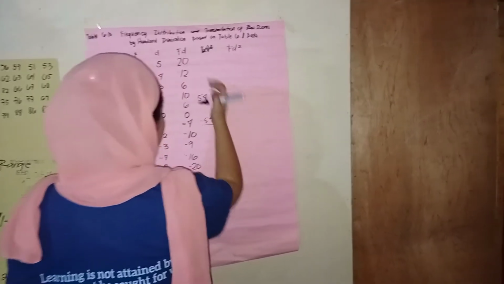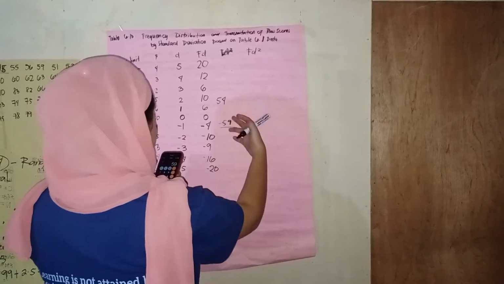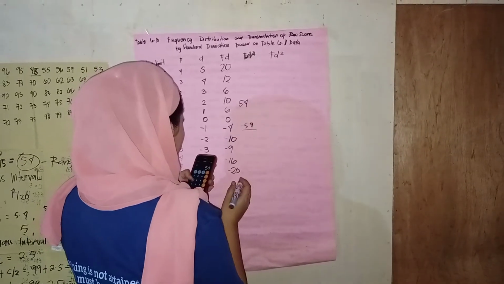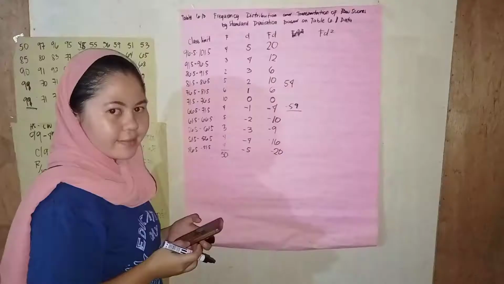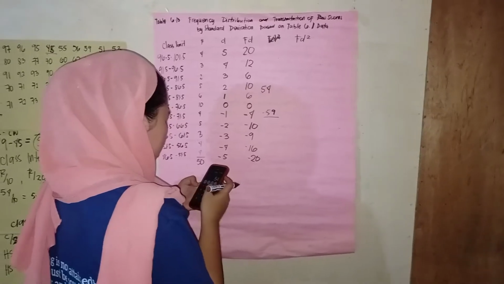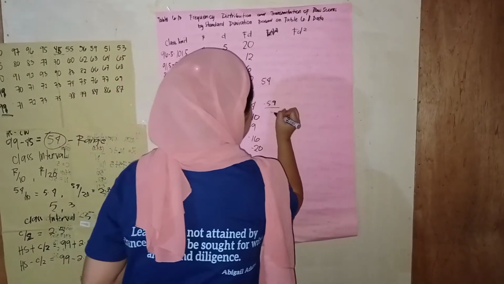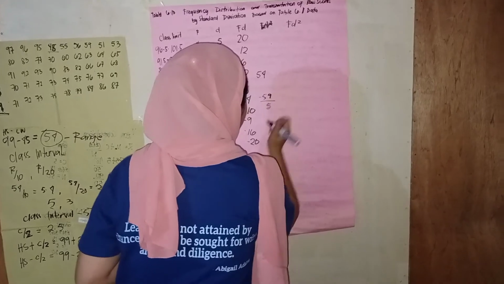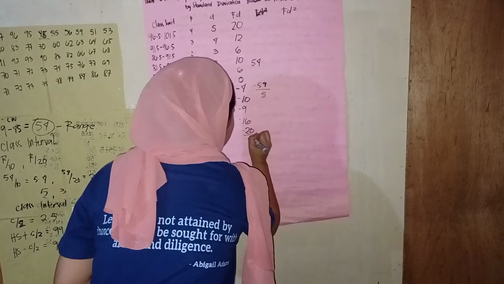So, how to get the frequency deviation? We need to subtract these numbers: 54 minus 59 equals negative 5. So our frequency deviation is 5.